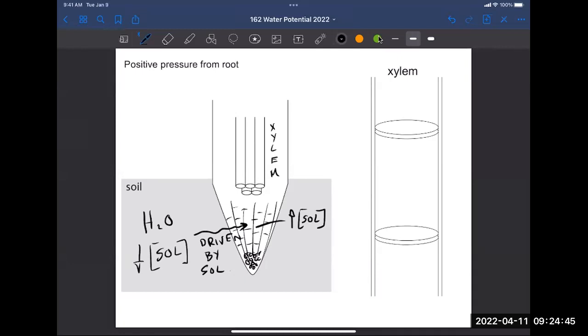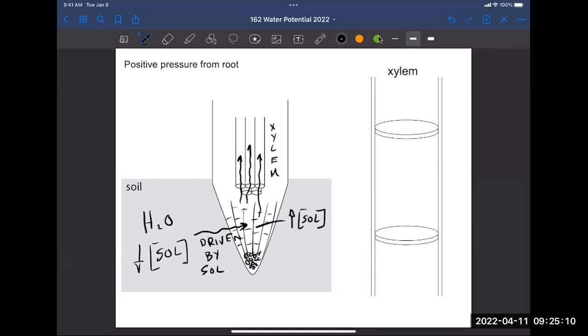But above these cells here in the root, there is sort of an escape hatch for that pressure, and it is these xylem cells. And so water is going to get forced up into the xylem from these cells here, and that is driven by pressure, right? So let's think again what's happening here. The dilute water in the environment is going to be brought into those cells through osmosis.